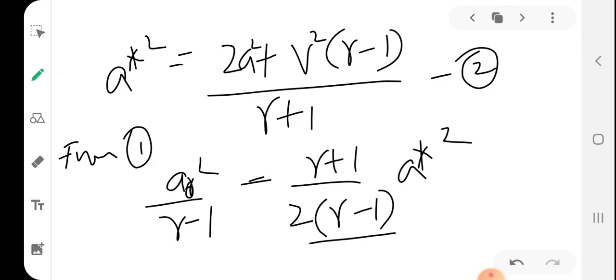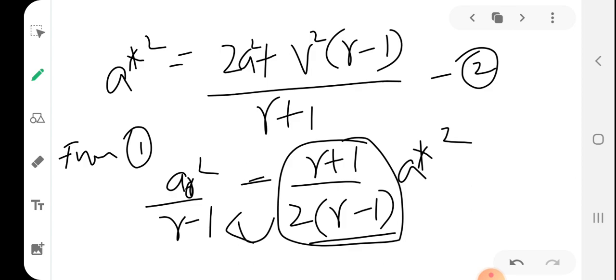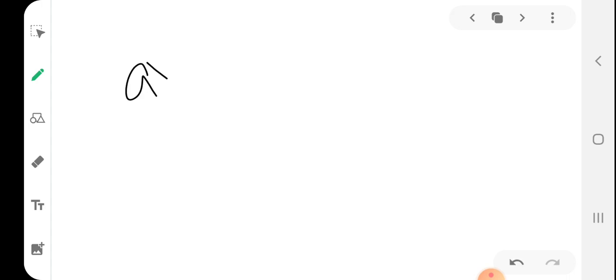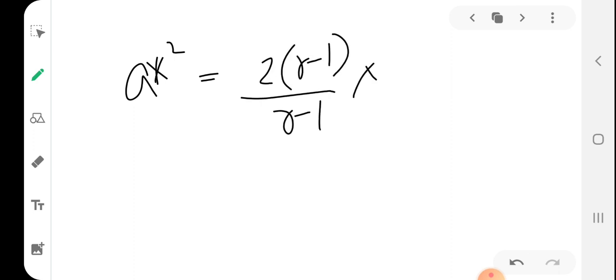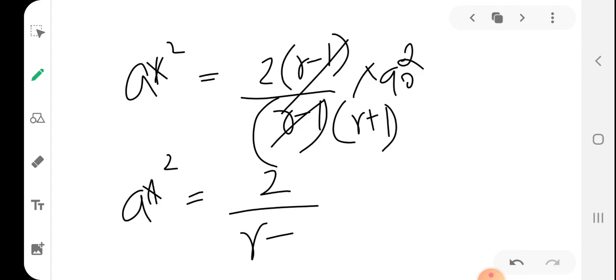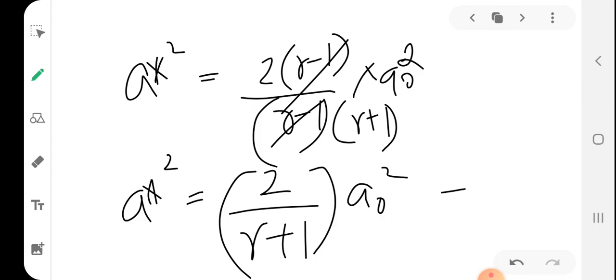You just have to take this term to this side. You will get a star square equal to 2 gamma minus 1 by gamma minus 1 into gamma plus 1 into a0 square. Gamma minus 1 cancels, so you get a star square equal to 2 by gamma plus 1 into a0 square. This is equation 3.